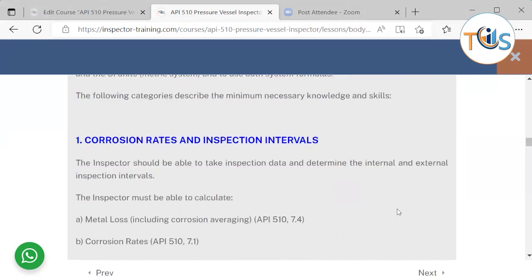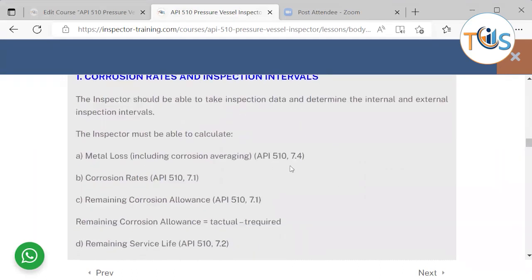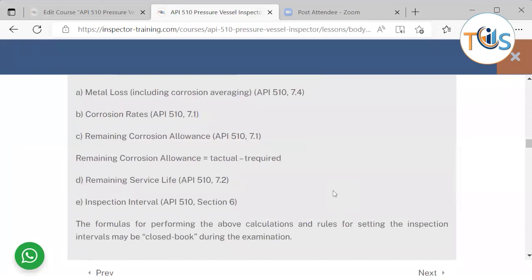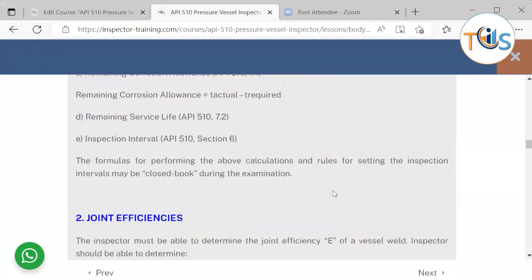And you should be able to determine the corrosion rates, the inspection interval, and the metal loss. They have referred to these sections, API 510 7.4, 7.1 and 7.2, and remaining service life and remaining corrosion allowance. Very simple calculation, and then finally you find the inspection interval.